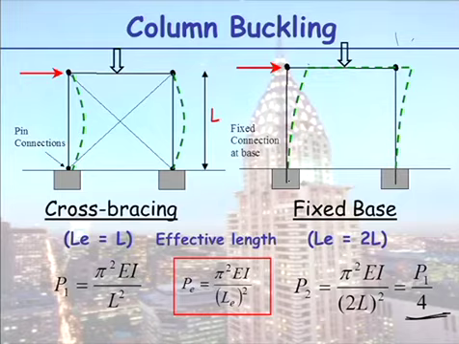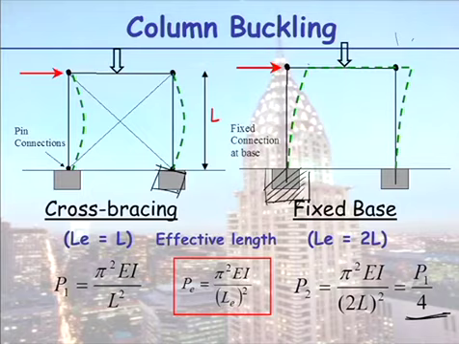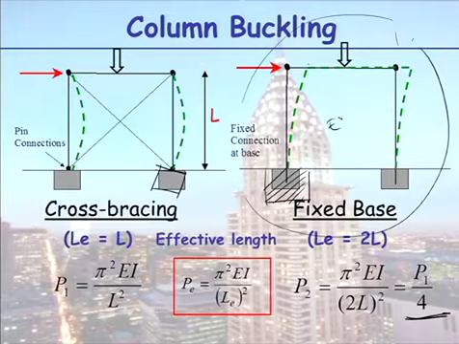Now, as well as your columns having to be bigger, I've shown the concrete support here is the same size. They will also be different, because to stop this column moving, you will have to put a much bigger concrete pad in there. Then in this region here, if you get some rotation, if your foundations do rotate a bit, it doesn't matter because your base is pinned. So this solution is the more expensive solution.